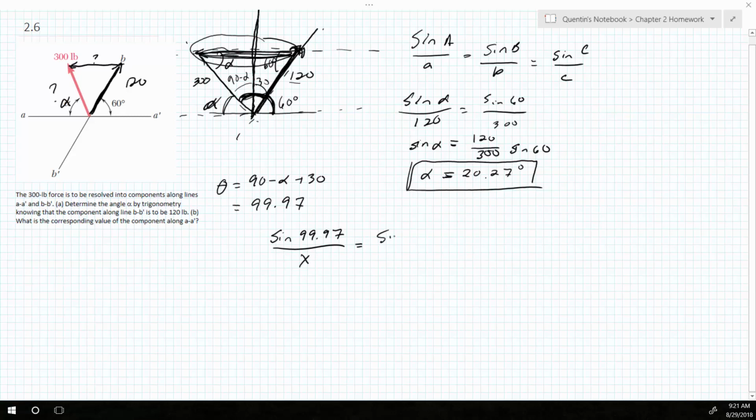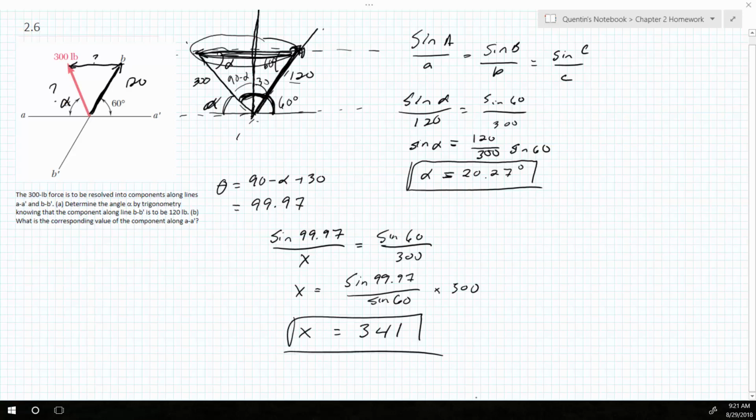We're going to say sine of 60 over 300. So since we're looking for x, therefore x is equal to sine of 99.97 over sine of 60 times 300. So x ends up being worth about 341. And there you go. That is the final answer.